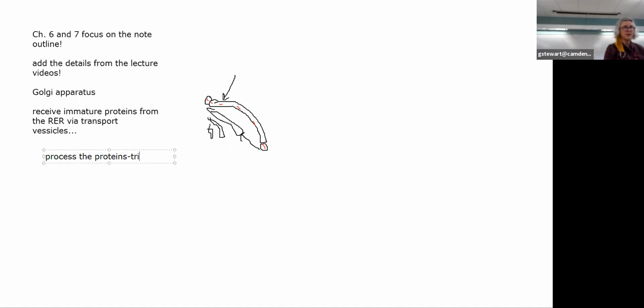It means trim off an excess piece. It means add either sometimes a carbohydrate or a lipid. So sometimes we get glycoproteins, where glyco is a carbohydrate added, or a lipoprotein, which has a lipid added to it. So the proteins are being processed in that sense.